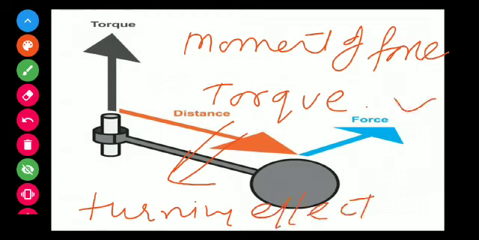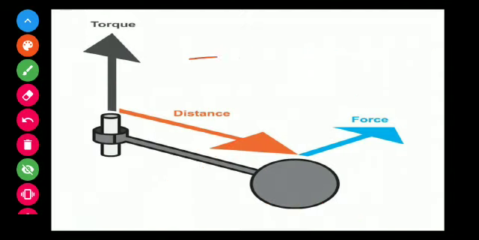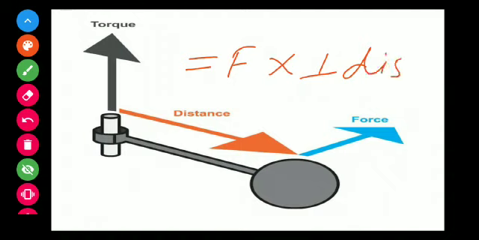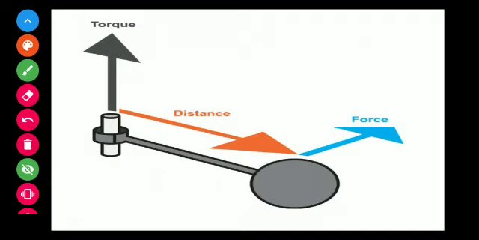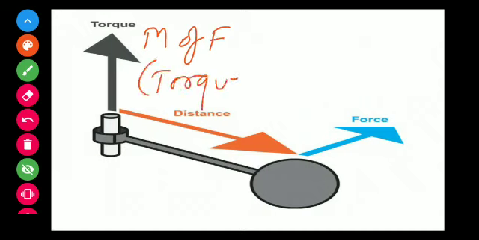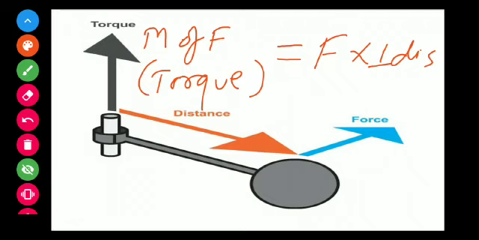When we apply a force and there is a turning effect about a fixed axis, in that case moment of force is equal to the product of force into perpendicular distance from the axis of rotation. So your formula is: moment of force or torque is equal to force into perpendicular distance.